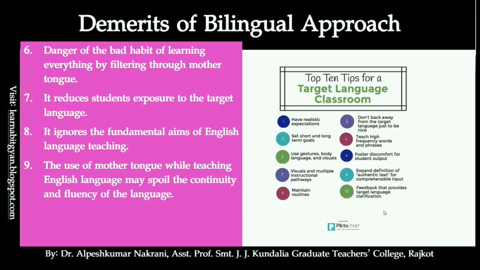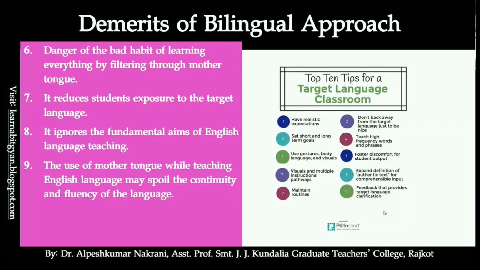Sometimes too much time is given to mother tongue speaking. Less exposure is given to the target language. So the fundamental aim of teaching English, to make the students communicate in English, may not get fulfilled, right?